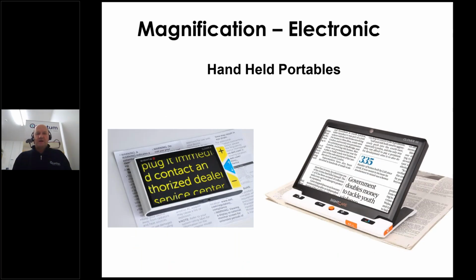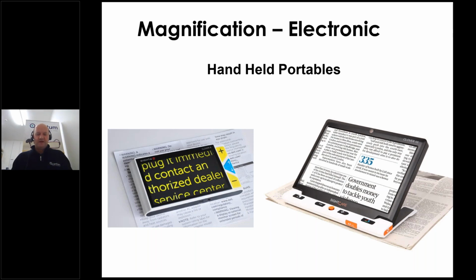There's also electronic magnification. So as you can see on the slide, there's two. These are actually portable electronic magnifiers that are on the display here. The ranges in sizes from a 3-inch screen up to about a 12-inch screen, and the size of the screens are actually measured diagonally.